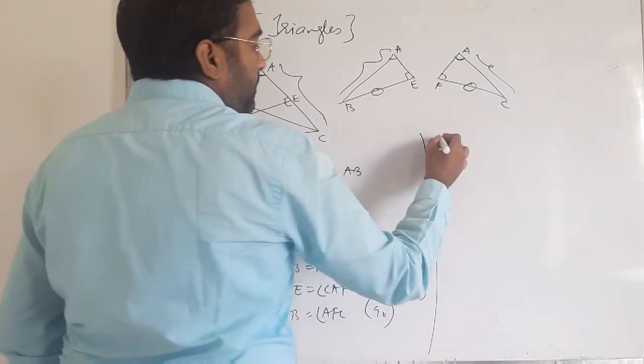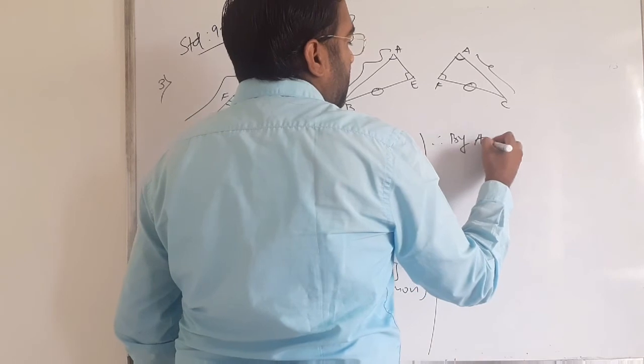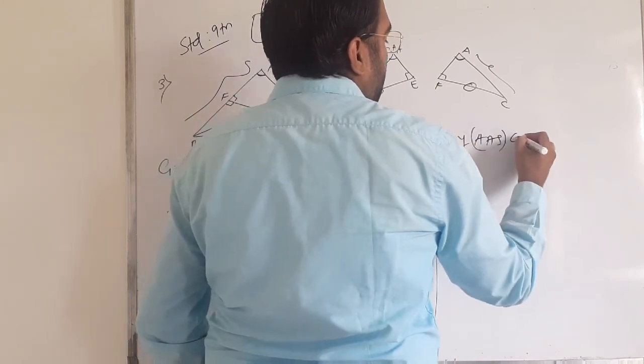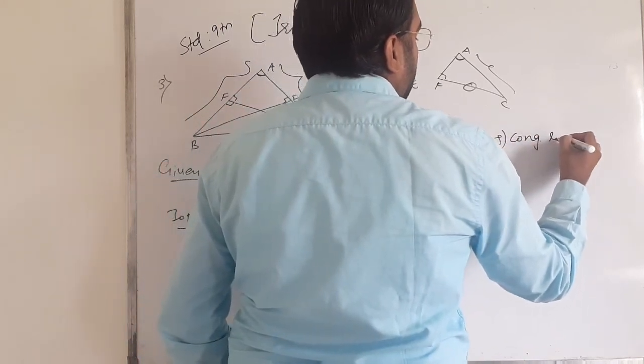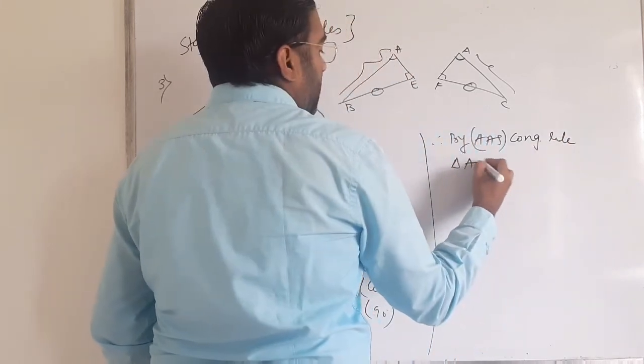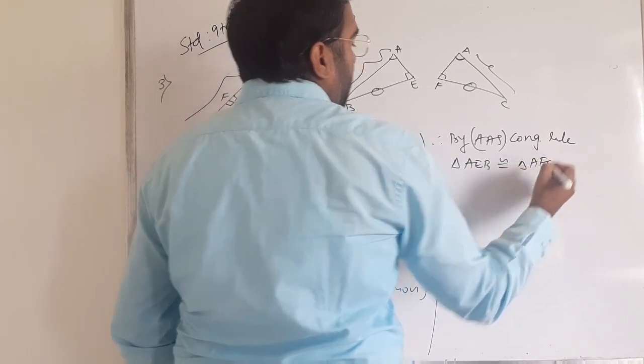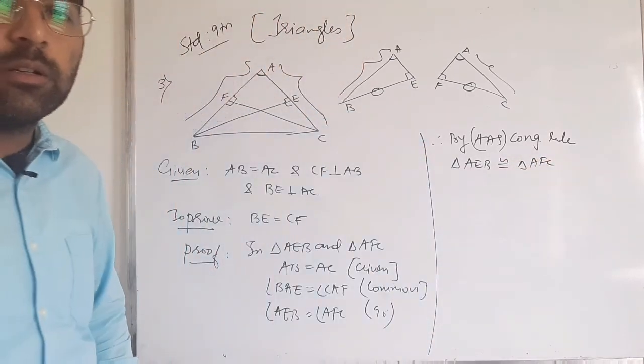So therefore by angle side congruency rule, triangle AEB is congruent to triangle AFC. Clear?